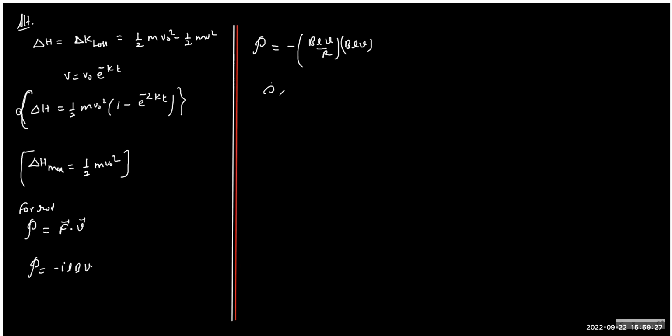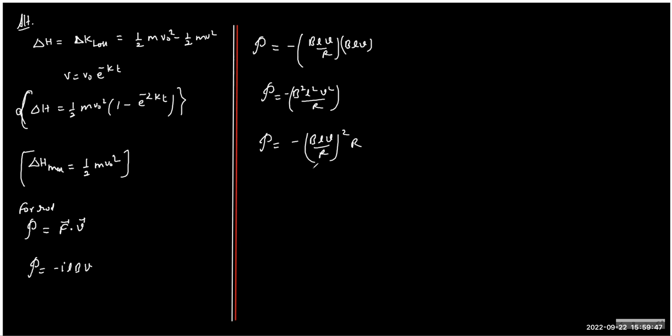So the power is actually B square L square V square by R. Or the best way to remember is it is BLV by R whole square into R.